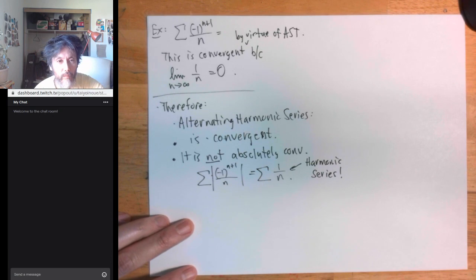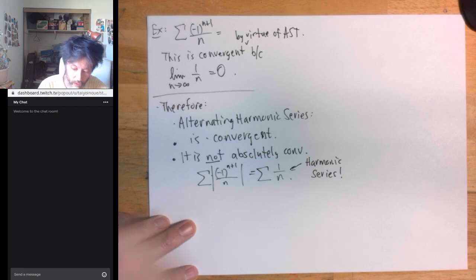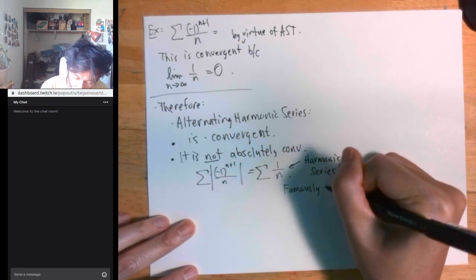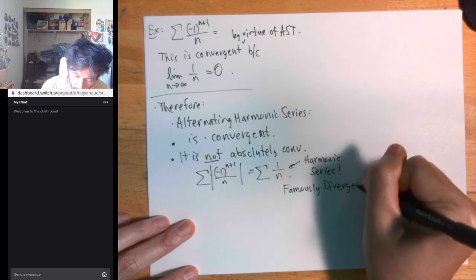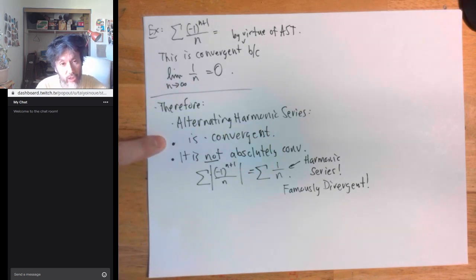That's the harmonic series, people. And so it is famously divergent. So we have a series which is convergent, but it is not absolutely convergent.